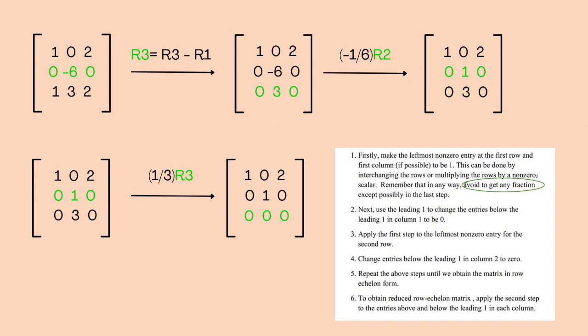So we get 1, 0, 2, 0, 1, 0, and 0, 3, 0. Next, the last step is we must change the entry below the leading one in the column to 0. So we get 0, 0, 0. So the matrix is 1, 0, 2, 0, 1, 0, and 0, 0, 0, following the REM requirement.